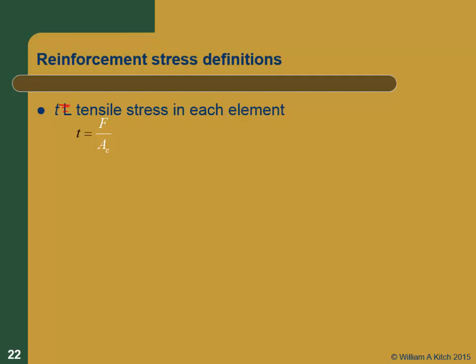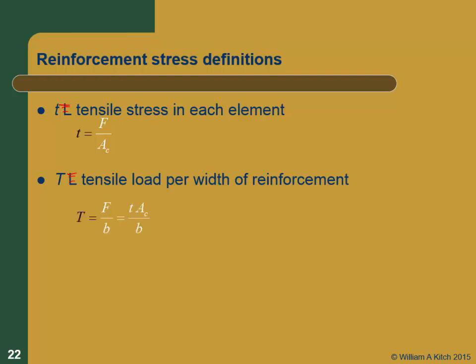So the effective area would be the effective area of one piece times 4. So it's the total force divided by the effective area of the element. Again, this is defined as, and the T is the tensile load per width of the reinforcement. So T is going to be equal to F divided by B.